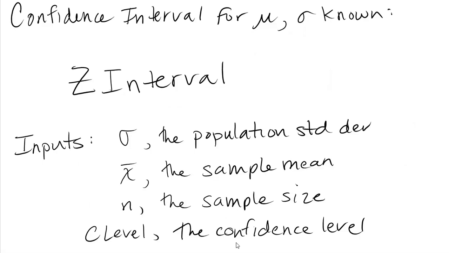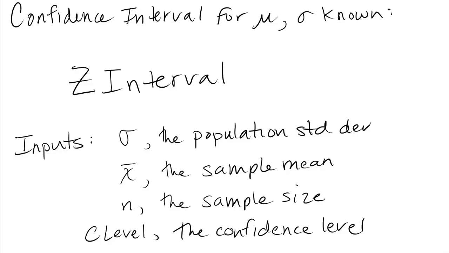So ZInterval will have 4 inputs: sigma, the population standard deviation, x bar, the sample mean, n, the sample size, and the confidence level. When you put those 4 things into the calculator and run the function, the output will be the confidence interval that we're looking for.